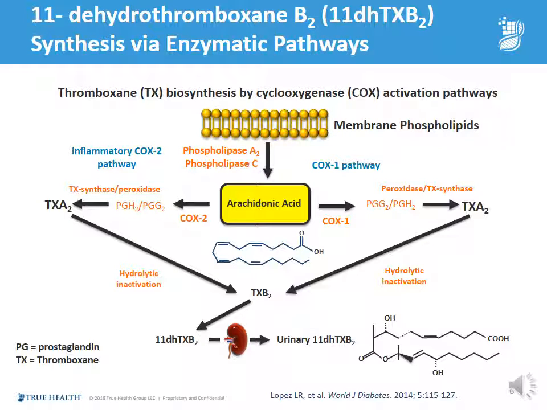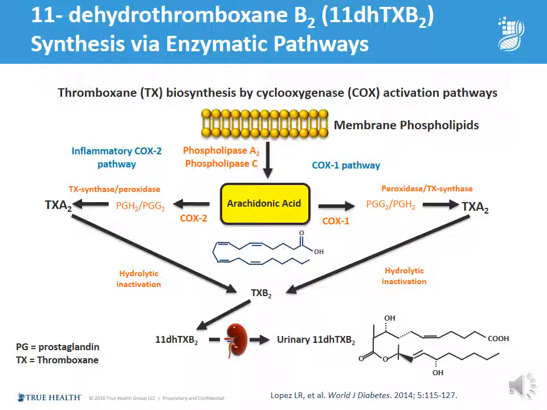Let's review the synthesis of the urinary biomarker 11-dehydrothromboxane B2. At the top of the graphic, you see a platelet cell membrane consisting mostly of phospholipids, on which there are, of course, fatty acids. And after exposure to various lipases, such as phospholipase A2 or C, arachidonic acid is formed.